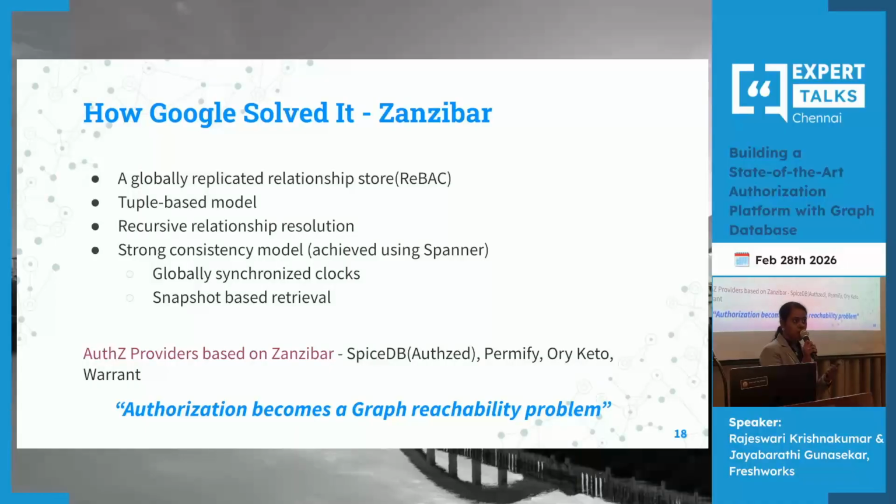So if you are a fast growing company and you don't want to spend time on authorization and you wanted to integrate with some third party vendor, based on this Zanzibar, we have few providers, which is SpiceDB, Permify, Keto, and Warrant. Among these, SpiceDB is the one who has implemented around 75 to 80% of what Google Zanzibar suggests. So we also started exploring SpiceDB when we initially wanted to build a scalable authorization solution.